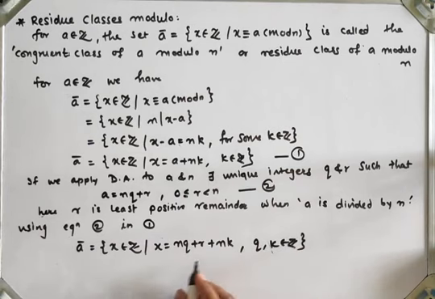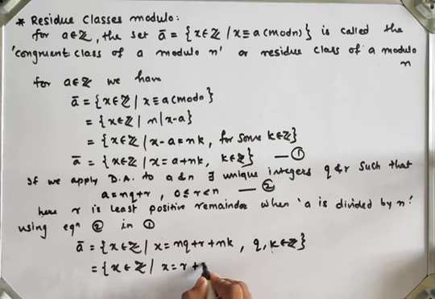So I will take n common between these two, and we will get x belongs to the set of integers such that x is equal to r plus n times the bracket q plus k.